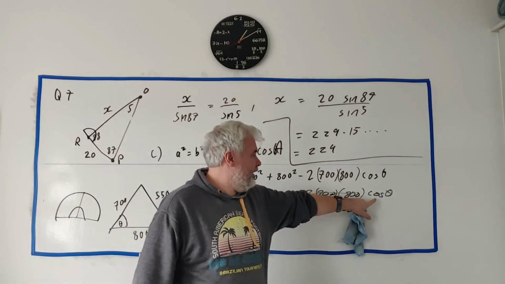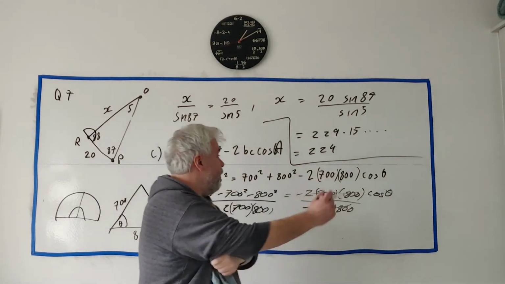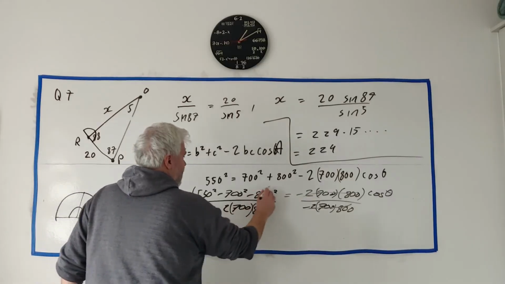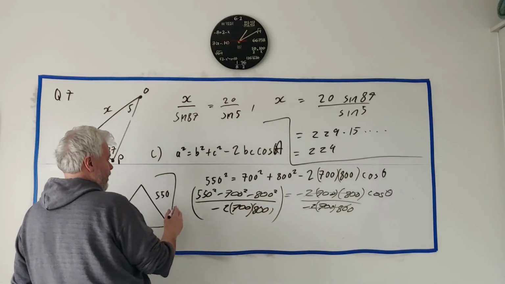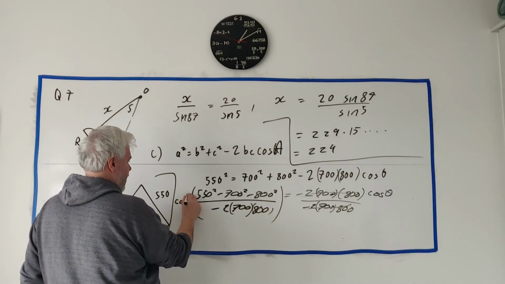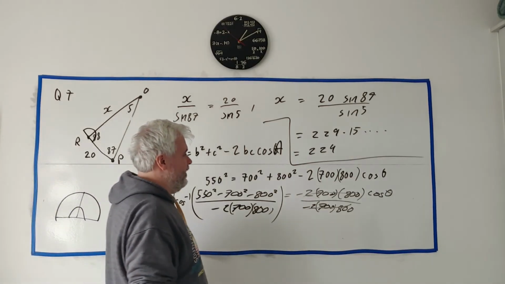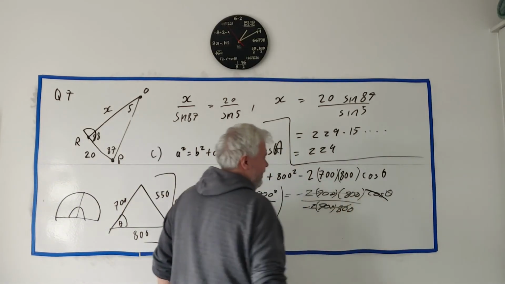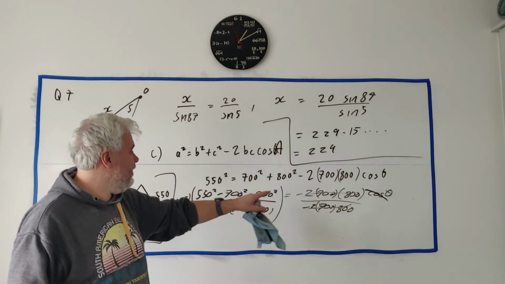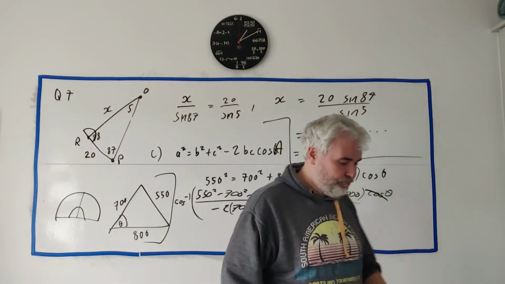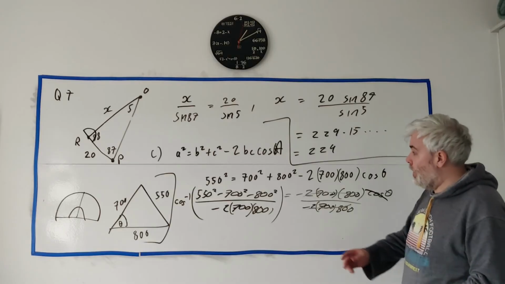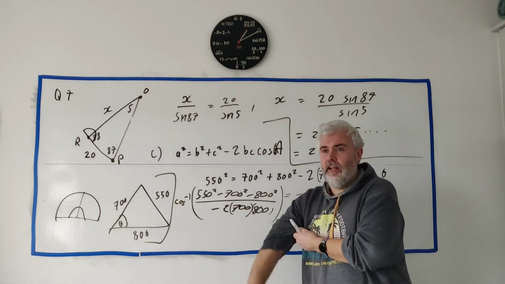Now we just need to get rid of the cosine theta. To get rid of that, we take the inverse cosine of both sides. I ran out of room a little here, apologies for that. Inverse cosine of this side, inverse cosine of that side, and we're left with theta equals this big mess. You need to be really careful putting this into your calculator.